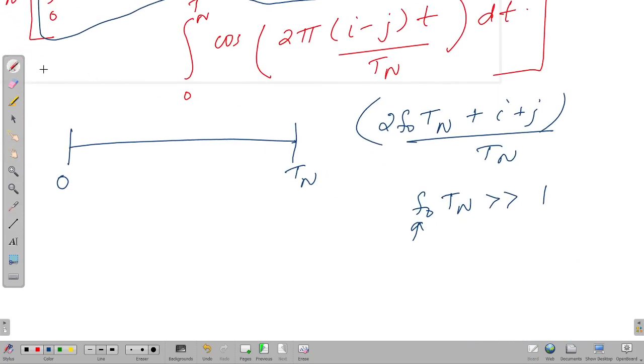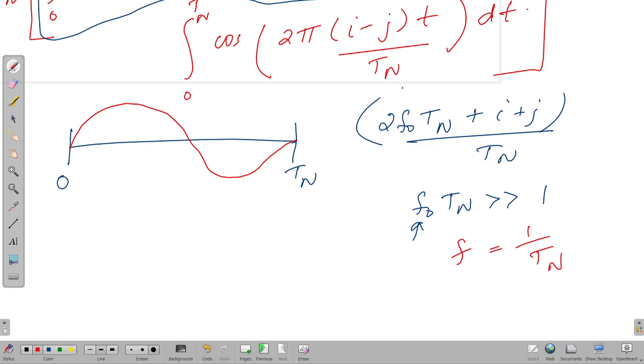Like an example, I will show you. If I had a wave like this, what is the frequency of this wave? You can see the time period is Tn, so the frequency is going to be 1 divided by Tn. But here the frequency is going to be a very large number. It is (2 f naught Tn plus i plus j) divided by Tn.